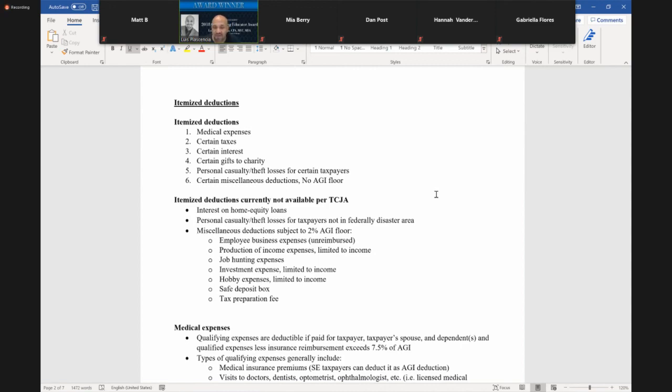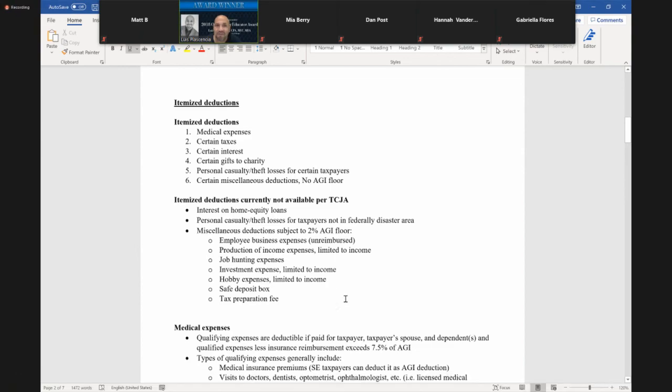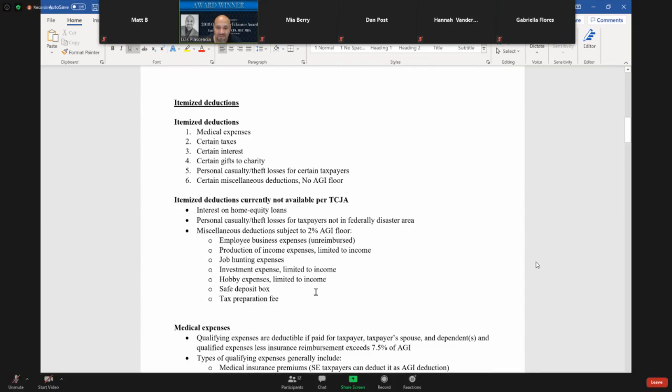Investment expenses used to be deductible. Hobby expenses, limited to income, used to be deductible. A safe deposit box used to be deductible. Tax preparation fees used to be deductible. None of those items are deductible anymore. This whole section has been temporarily eliminated until December 31st, 2025, unless Congress changes it.